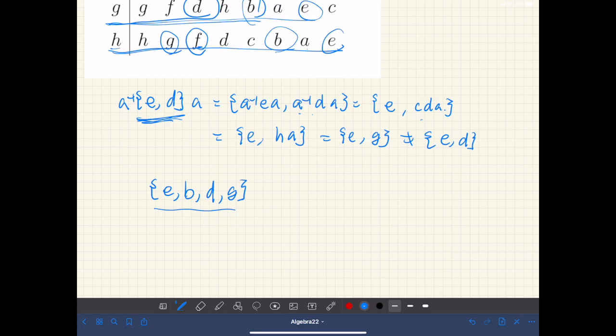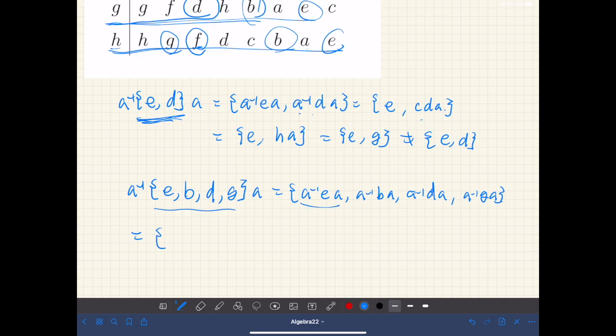For example, if we multiply this one by A inverse from the left and A from the right, then we just calculate all of these products, A inverse BA and A inverse DA and A inverse GA.